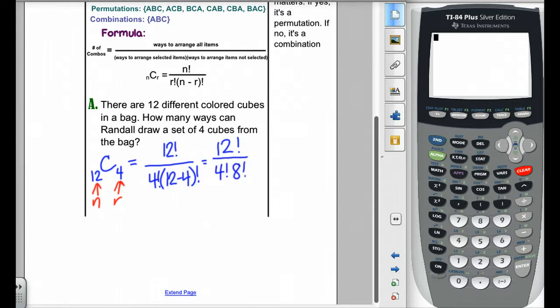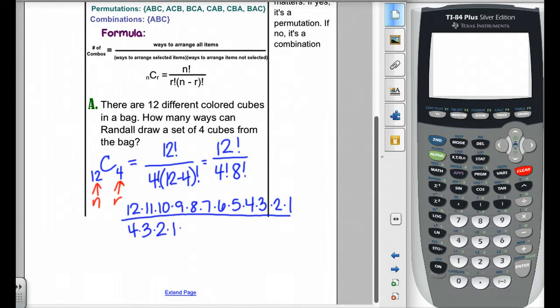If we expand this out, we have 12 times 11 times 10 times 9 times 8 times 7 times 6 times 5 times 4 times 3 times 2 times 1, all over 4 times 3 times 2 times 1 times 8 times 7 times 6 times 5 times 4 times 3 times 2 times 1.